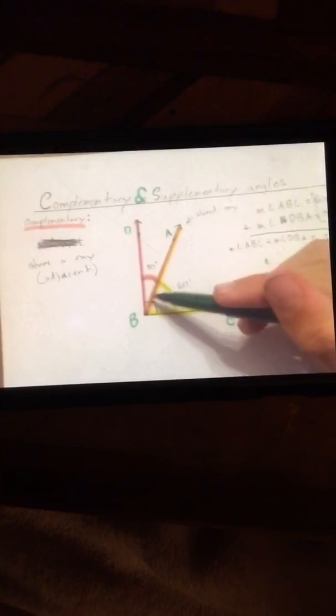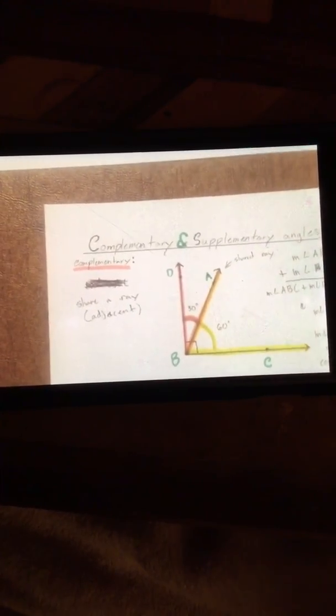We can also see that they're adjacent, and this is proven, so to speak, when we look at this line right here. So we can see that in the broad angle, there is a line right here that is shared by both of the complementary angles. Okay, and that line is ray BA.